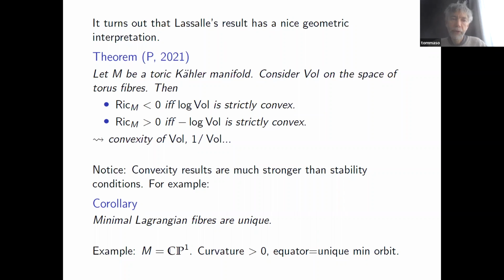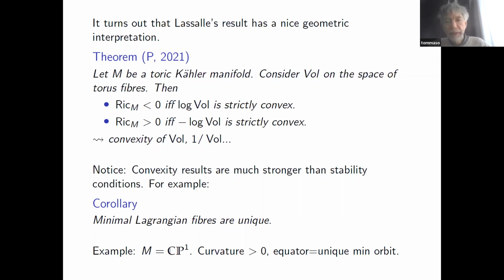So the Ricci curvature is positive or negative, according to whether this function is concave or convex. And this is interesting because convexity is an extremely strong property. In particular, it implies uniqueness of critical points. So previously, I was talking about stability.